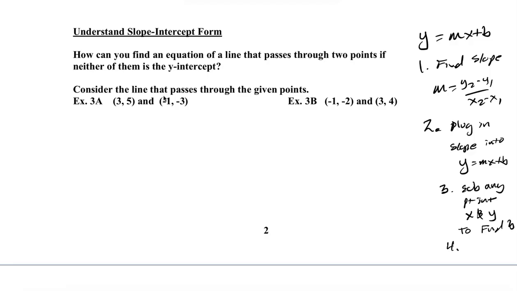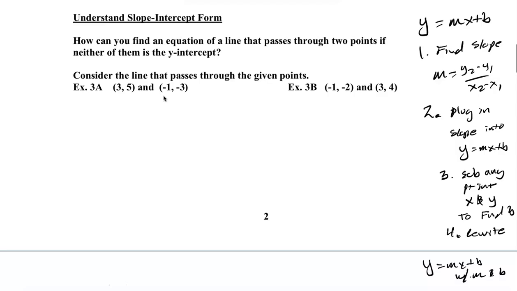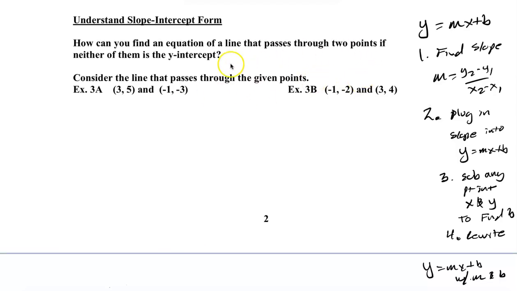Once you have that, we can rewrite y equals mx plus b with m and b. I know, I wrote a lot there, sorry, but that's going to be the process, right?